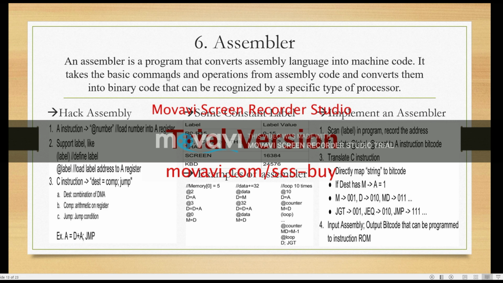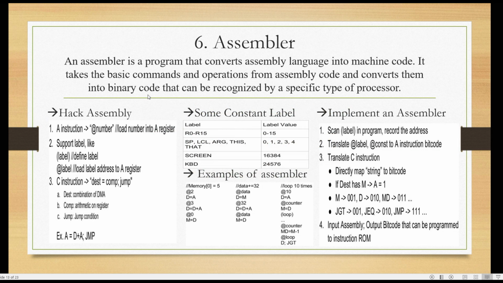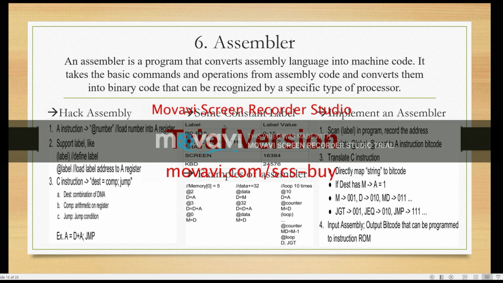Assembler. An assembler is a program that converts assembly language into machine code. It takes the basic commands and operations from assembly code and converts them into binary code that can be recognized by a specific type of processor. Hack assembly, some constant labels. Examples of assembler: implement an assembler.